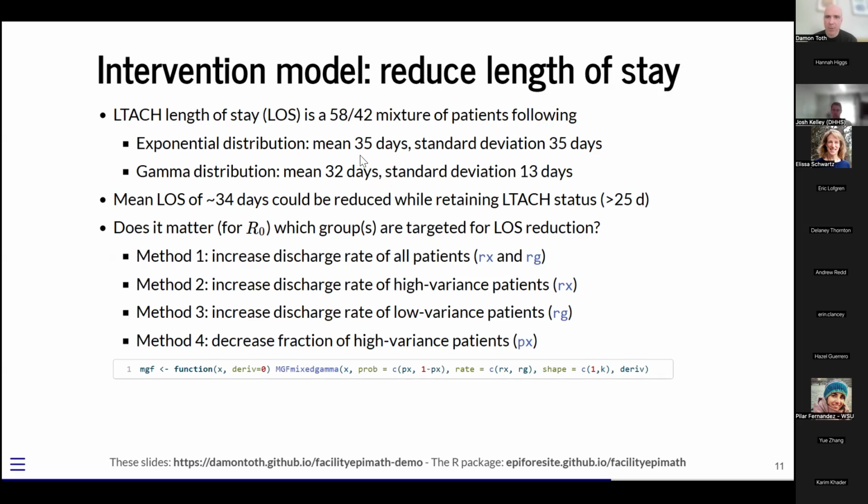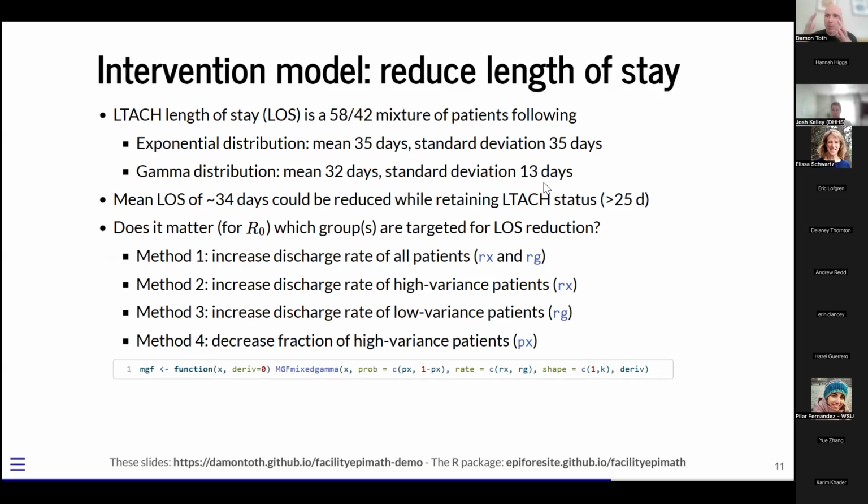The exponential distribution, by definition, has the same mean as its standard deviation. Its mean is a little higher than the other one, at 35 days. And the gamma distribution has a mean of 32 days and a much lower standard deviation.